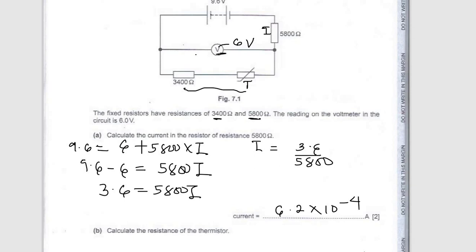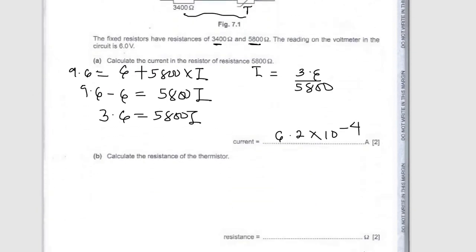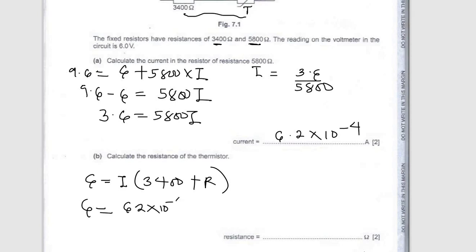The voltmeter reads 6 volts, which means the sum of the voltage across the 3,400 ohms and the thermistor should be 6. So 6 equals current times 3,400 ohms plus R. So 6 equals 6.2 times 10 to the minus 4 bracket 3,400 plus R.